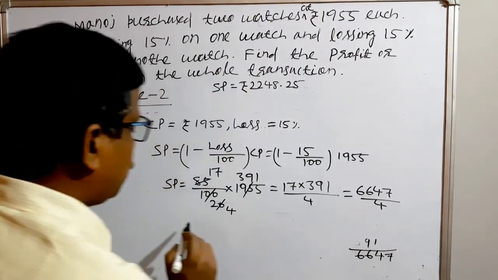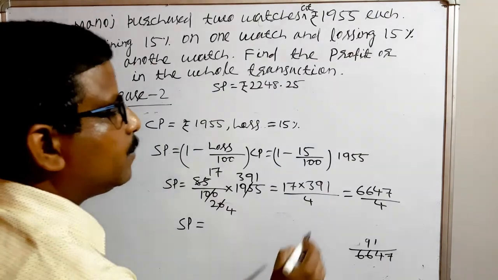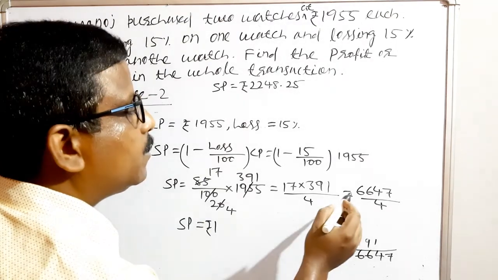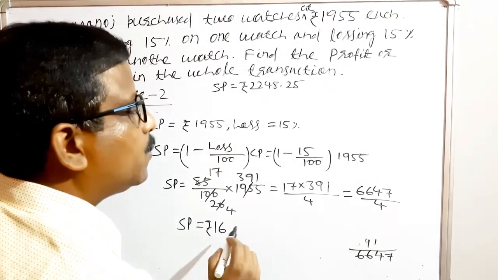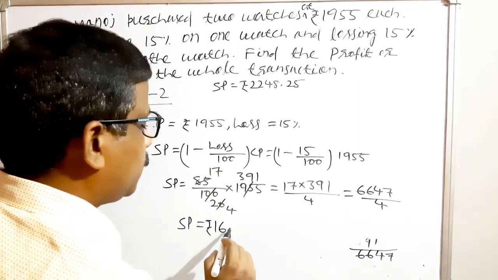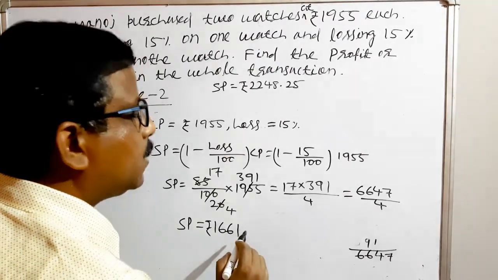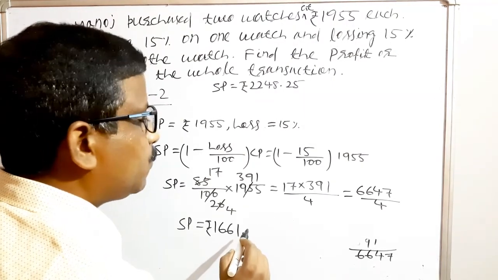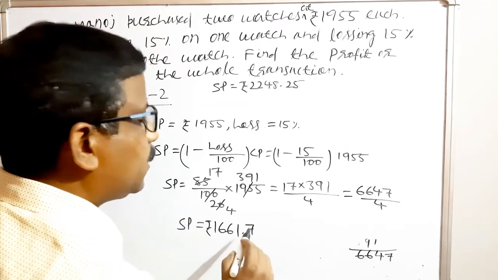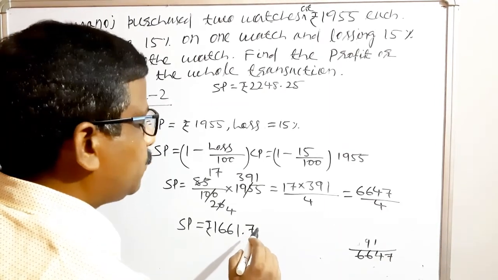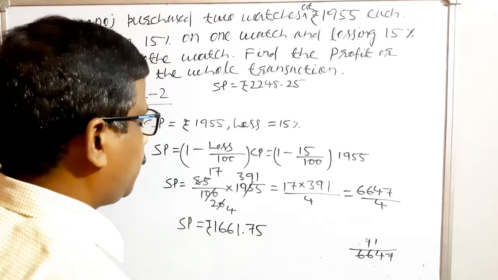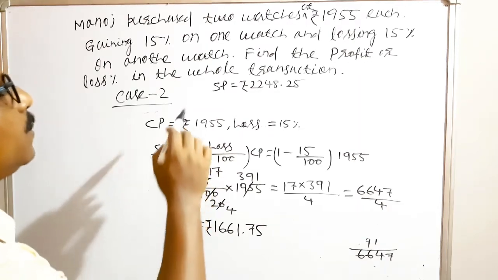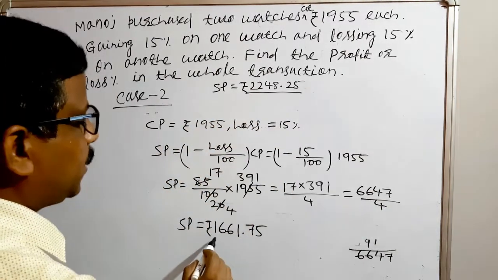If we divide, the SP will be rupees 1661.75. So in the first case you got this SP, and in the second case you are getting this one.